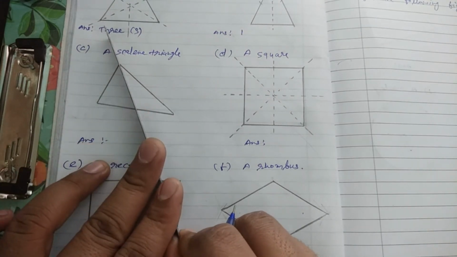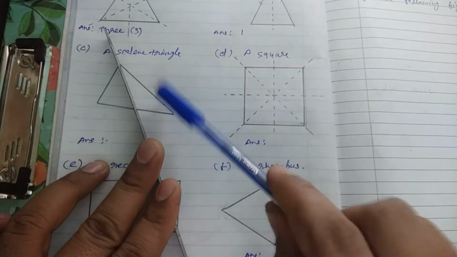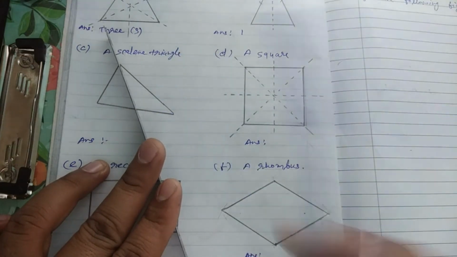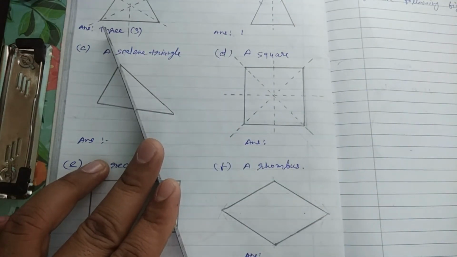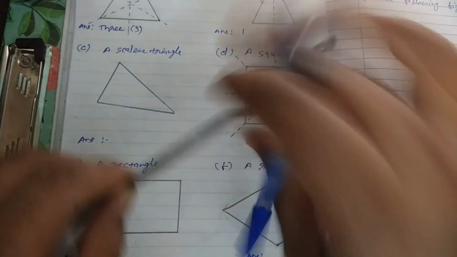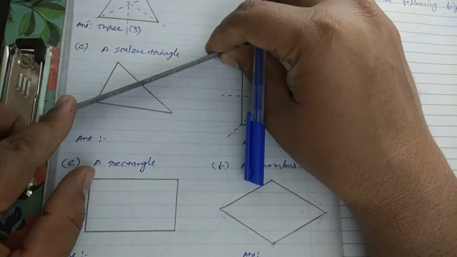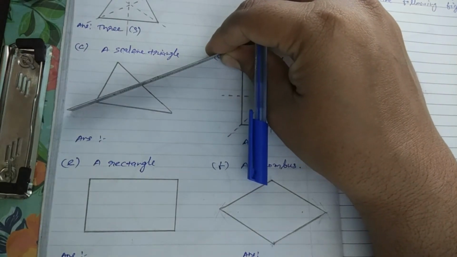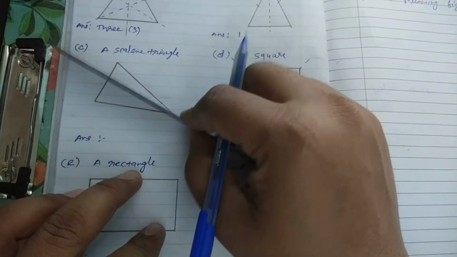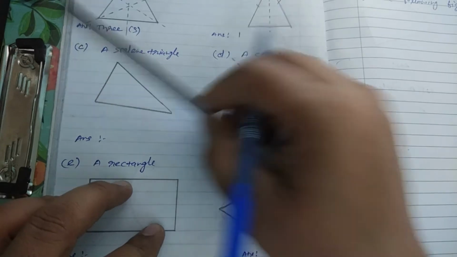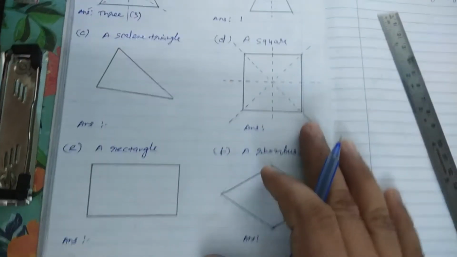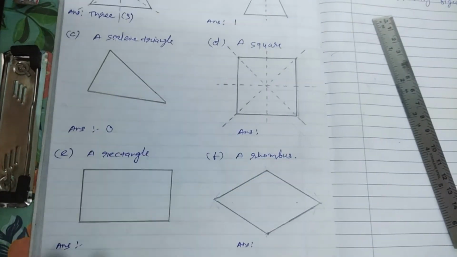We can see that these two parts are not the same, and when we fold them, of course they will not coincide with each other. So this is not a line of symmetry. We will check the other ways too, and we get the same thing. They are not symmetrical parts, and here also these two parts are not symmetrical. So in a scalene triangle we get 0 lines of symmetry.